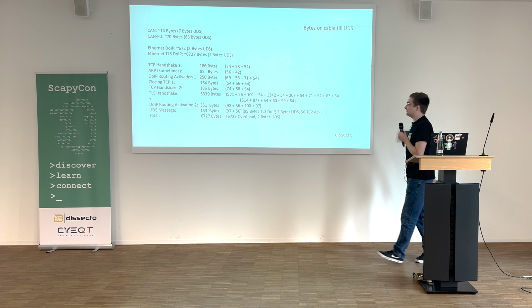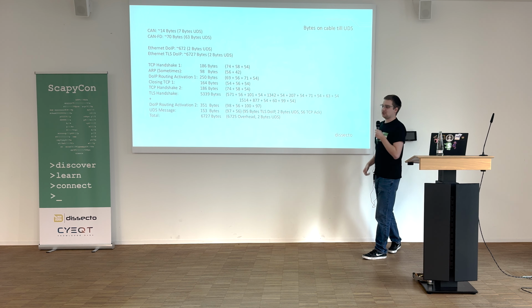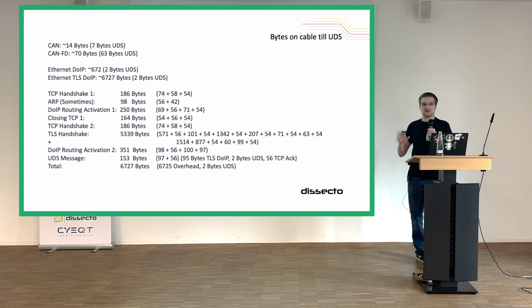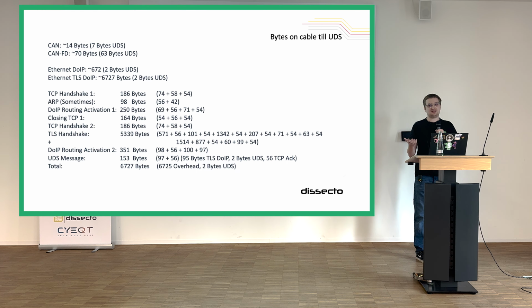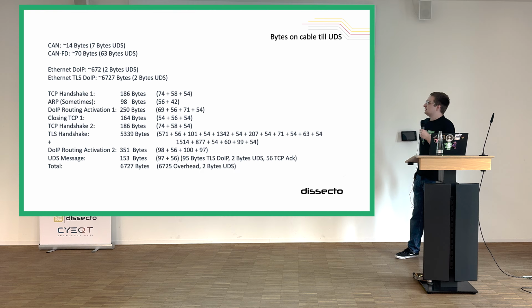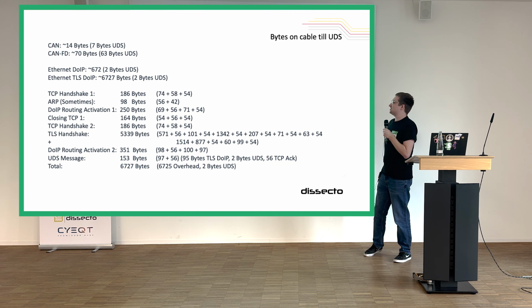do the bytes change that are on the cable? It looks like this. So on CAN, we have 14 bytes on the cable. It's just one message, and we have a UDS message. 14 bytes. I know CAN only has 8 data payload, but we also have identifier, we have CRC, and so on. For CAN-FD, we have 70 bytes, so roughly, it depends on configuration.